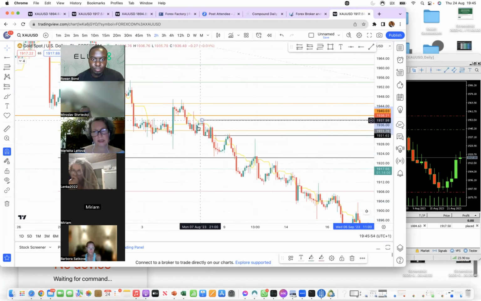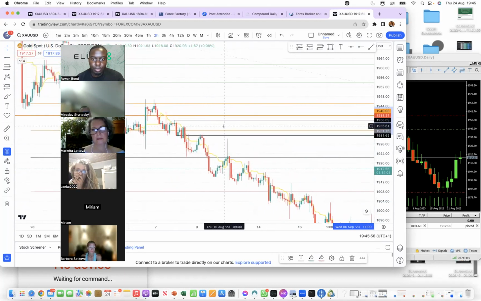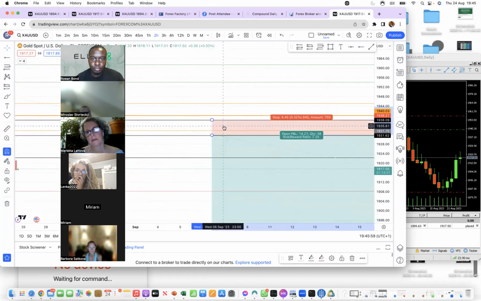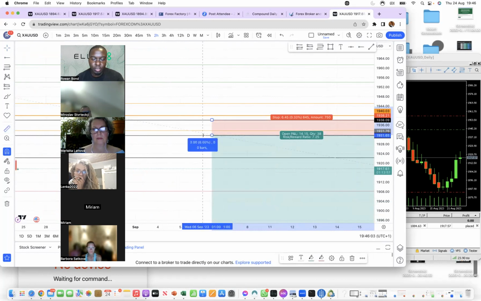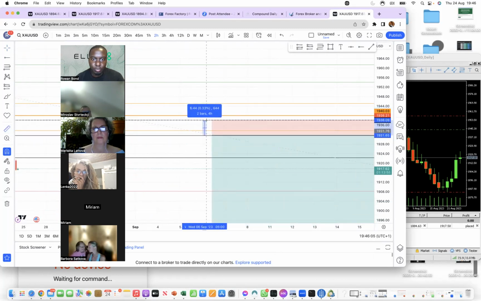So you could have one trade like this where your stop loss is slightly smaller. If we look here, the stop is now 64 pips.